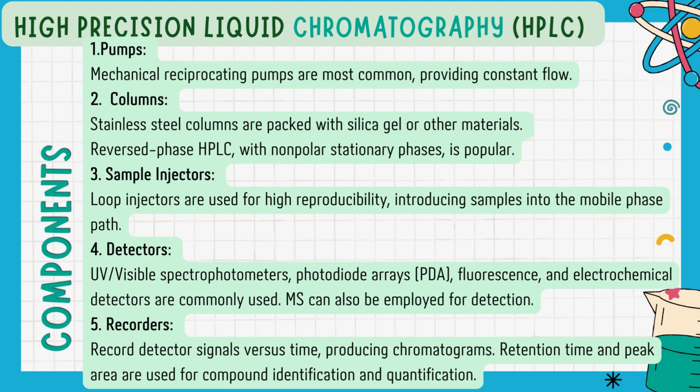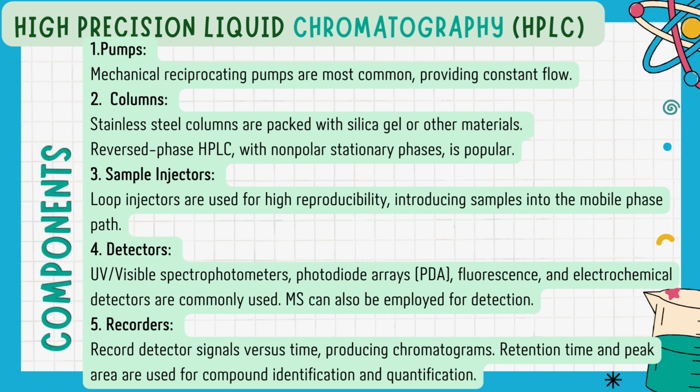And detectors, we've got a lot of detectors that can be utilized: the UV visible spectrophotometers, the photodiode arrays or PDAs, fluorescence, and electrochemical detectors. And then recorders record detector signals versus time, so that we can have the chromatogram. This is the endpoint of our technique, the printout that's called the chromatogram.